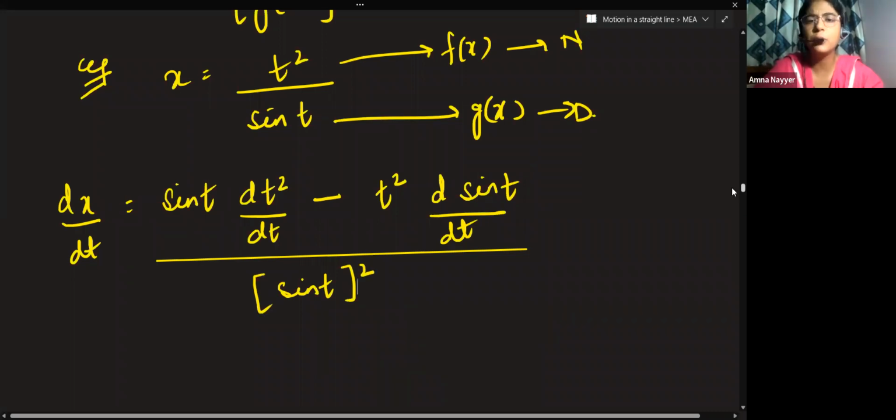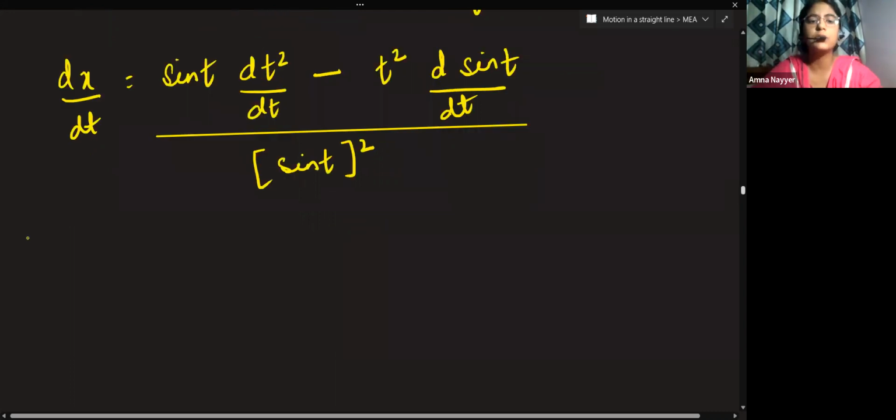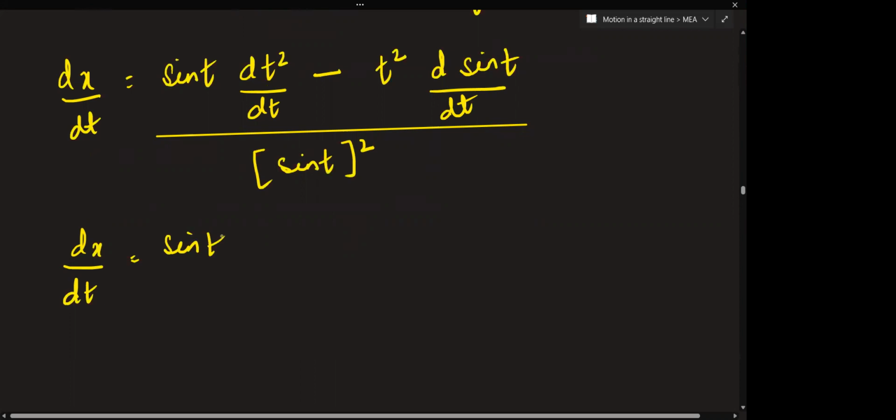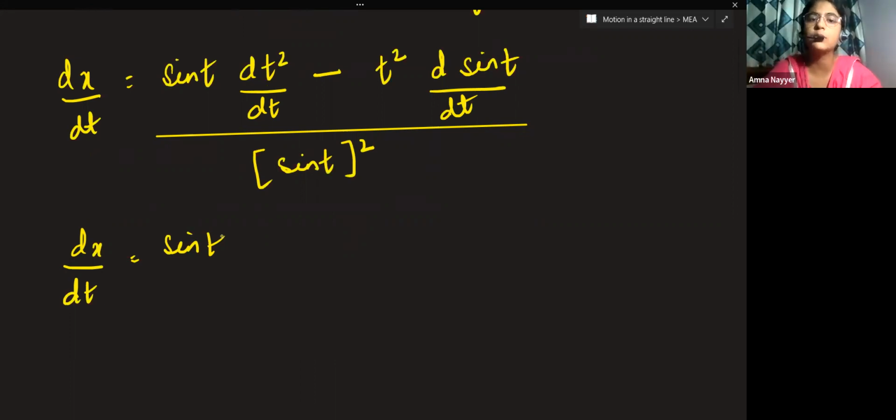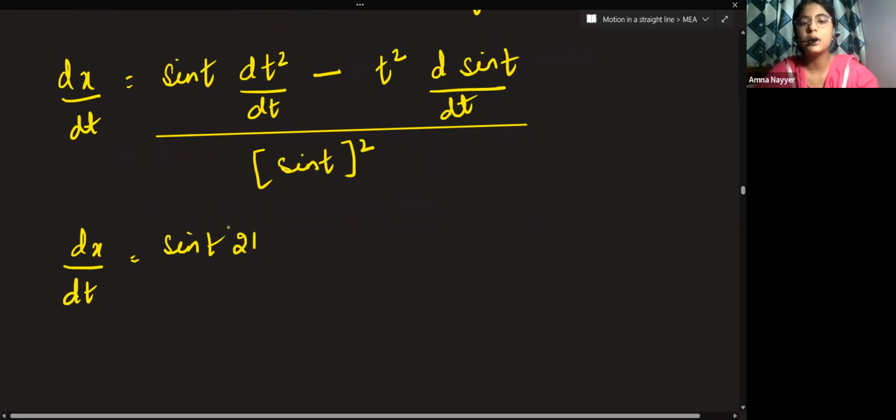Now solve it. Now you people know how to solve each of the values. dx over dt will be what? Sine t is kept as it is. Differential of t square. How do we differentiate t square? What will be the answer? 2t. Perfect. All of you should be this quick with small values like t square, x cube. So this is 2t, minus, this is t square.